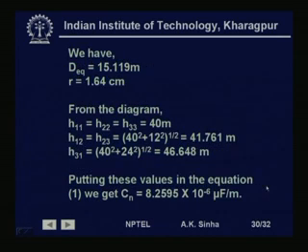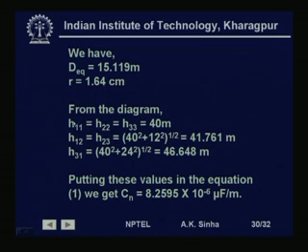So, now what we do is we substitute all the values. We can calculate dEq as 15.119 meter, which is basically the cube root of the distances between the conductors themselves. r is the radius of the conductor, which is equal to 1.64 centimeter, that is 3.28 divided by 2.